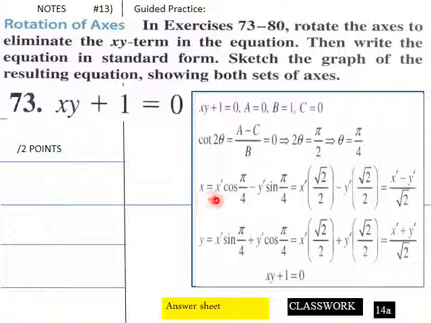Then x equals x prime cosine pi over 4 minus y prime sine pi over 4, and sine of pi over 4 is radical 2 over 2, which gives x prime minus y prime over radical 2. And y becomes x prime plus y prime over radical 2. This is all for xy plus 1.